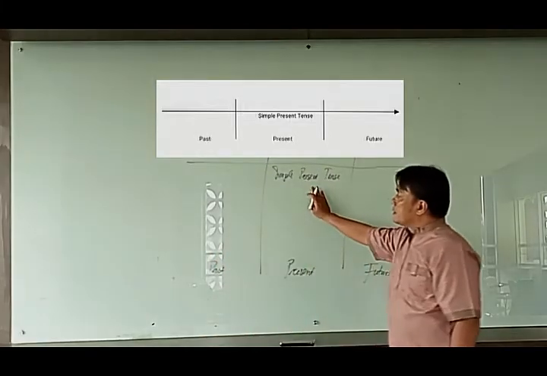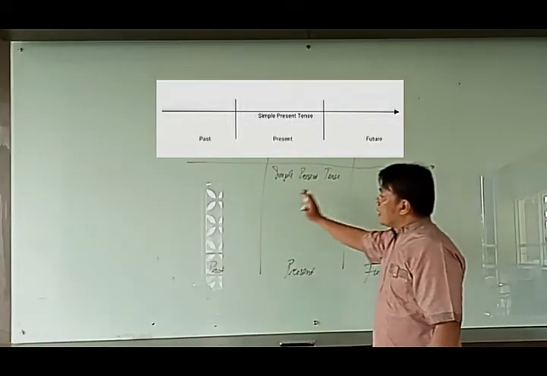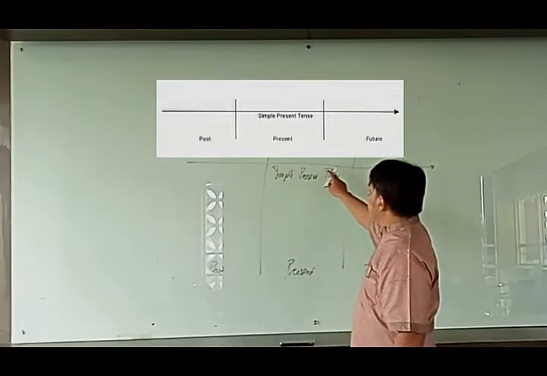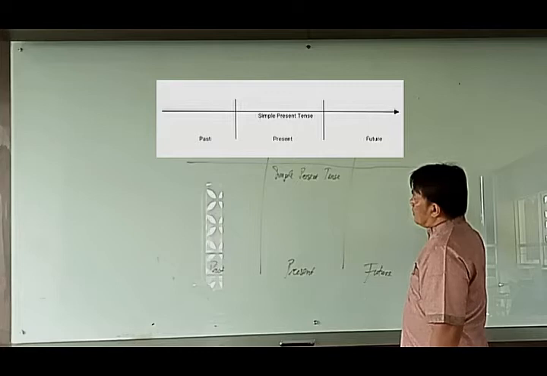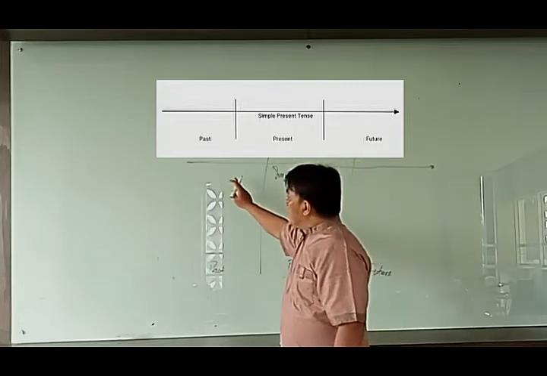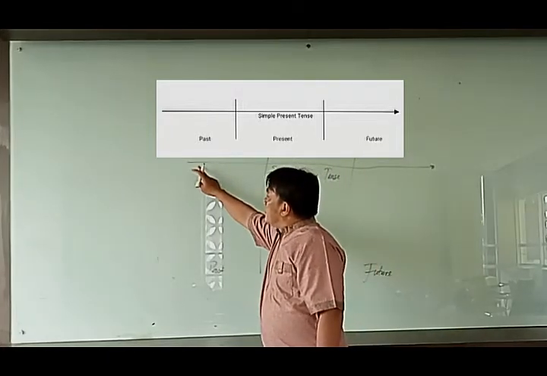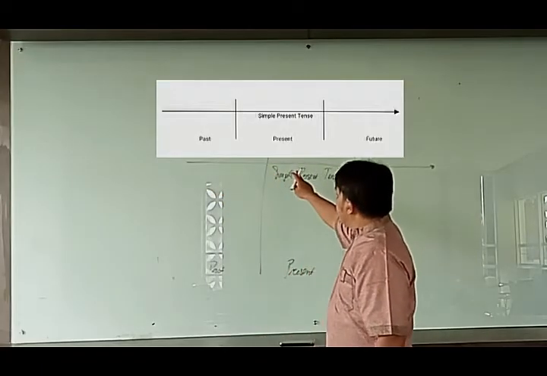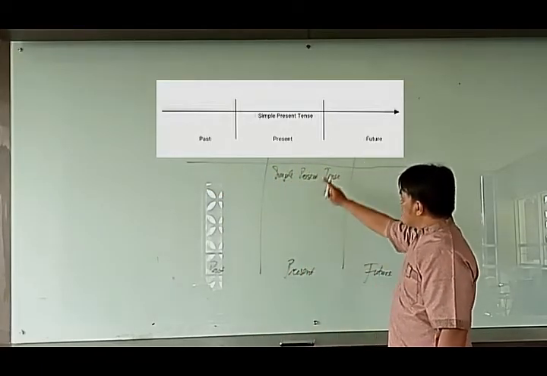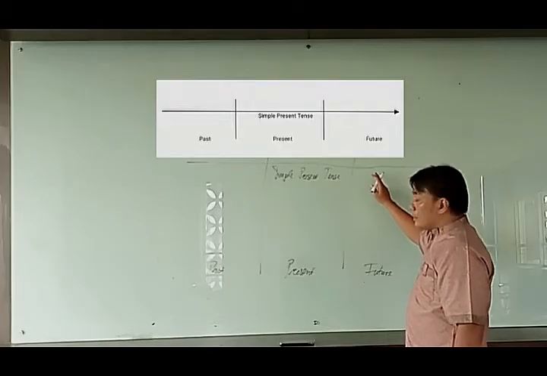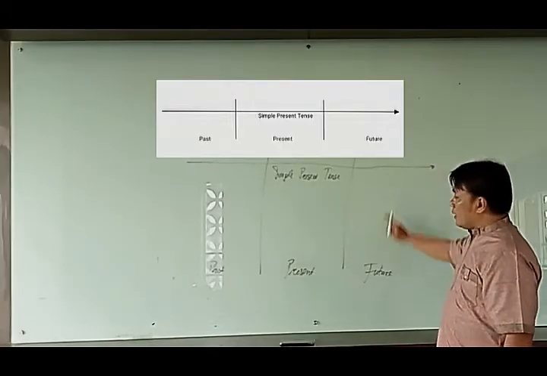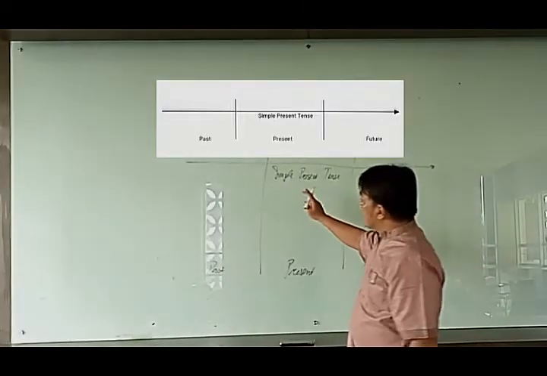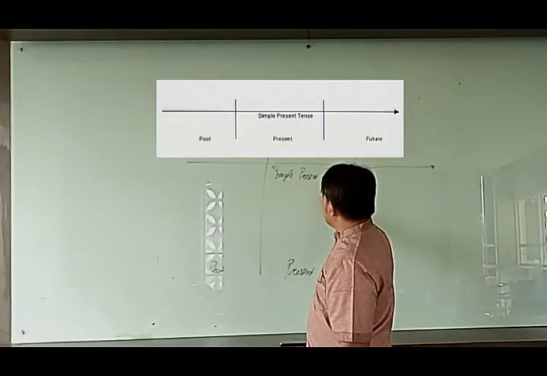The time scales here began from the past, and then at the present since happened, then also at the future. Okay? This one is called as simple present tense.